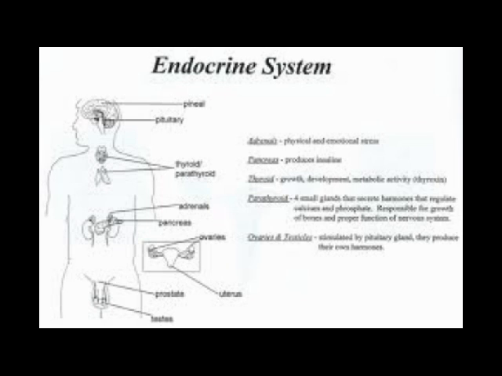What does the T3 and T4 do in the body? Collectively. Metabolism, good. So if you have low amounts of T3 and T4, is your metabolism going to be high or low? Low. Yeah, and if you have high amounts of T3 and T4, your metabolism is going to be high.